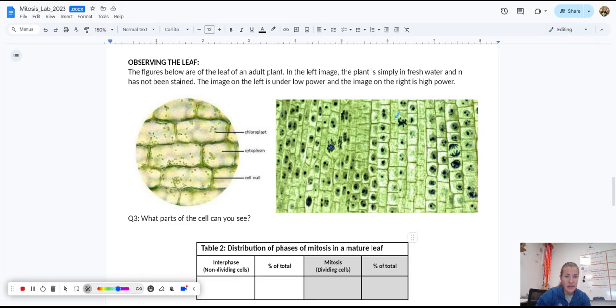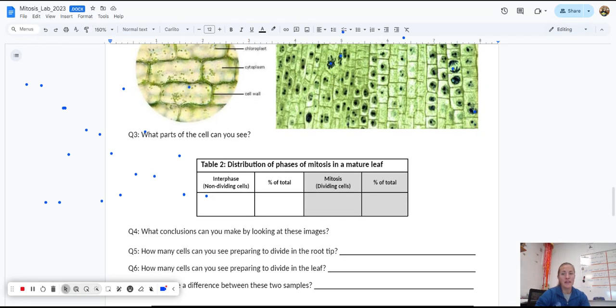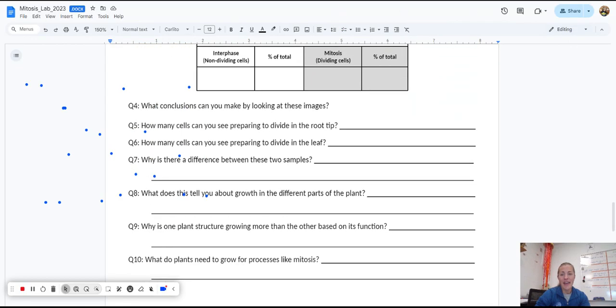I see 1, 2, 3, 4, 5, 6 cells maybe that are dividing. And there's a lot more cells in this picture than there were on the previous page. So I'm going to add up my different distributions and then answer these questions down here.